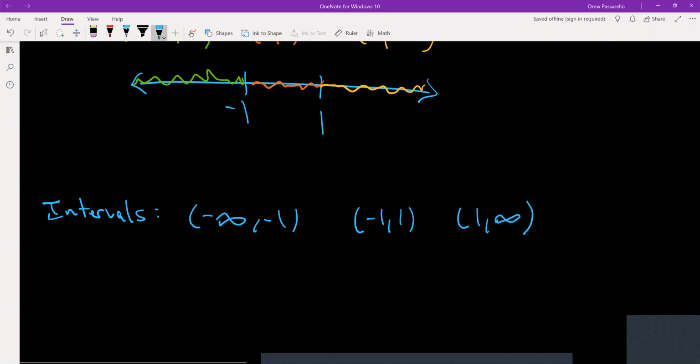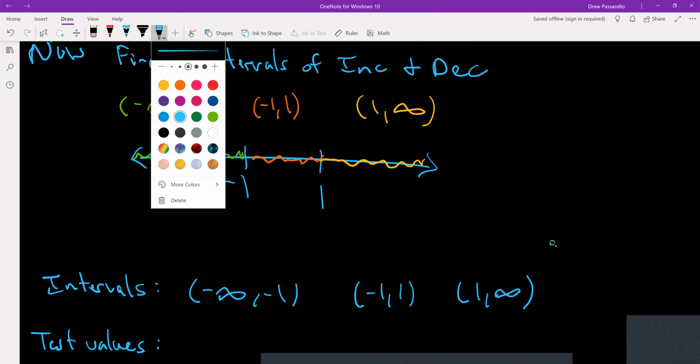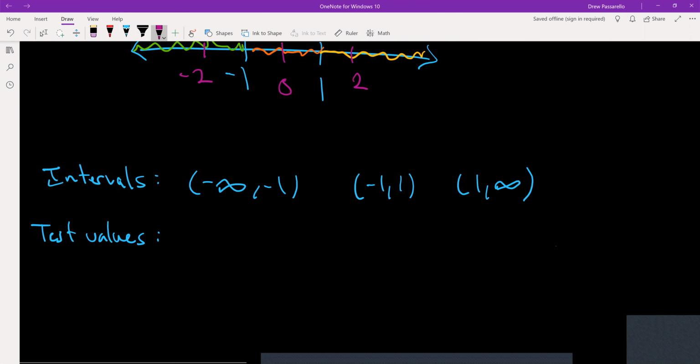All right, so the test values. All right, so for a value that's to the left of negative 1, I'll use negative 2. And then a value that's between negative 1 and 1, I'll use 0. And then a value that's to the right of 1, I'll use 2. So I have x1 is negative 2, x2 is 0, x3 is 2.